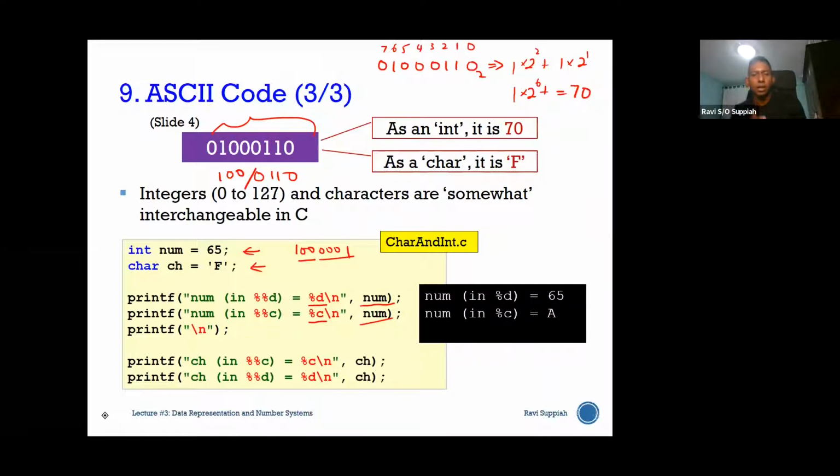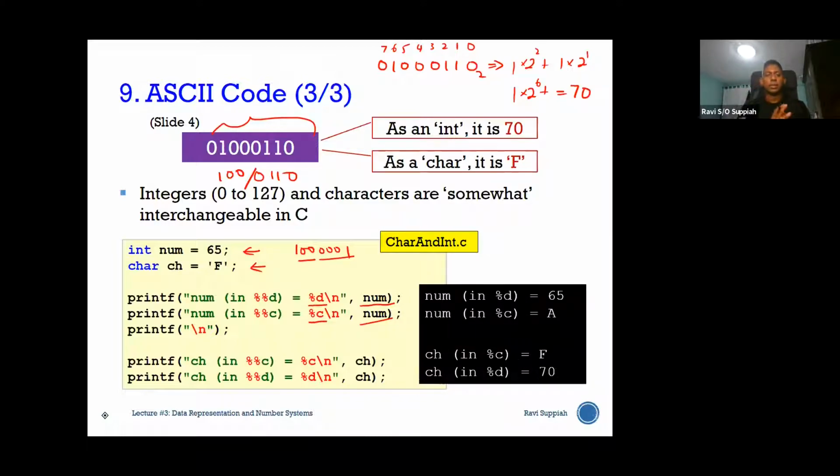So what gets printed out is actually capital A. You will understand that the data has not changed. The data is the same. It is just that the way we are looking at the data is different. At one time we interpreted it as a number, and in the second case as a character. But it's the same data. We're just looking at it differently.